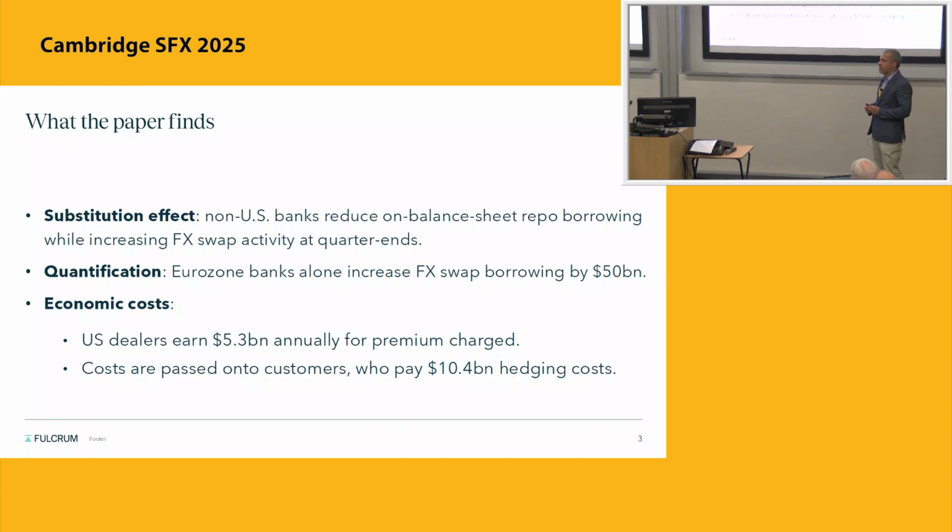So it's a large effect, in absolute terms at least. And the economic costs are about $5.3 billion, so the US dealers earn around $5 billion per year from this premium that they charge to clients. And they also argue that the costs are passed on to end customers who pay around $10 billion per year for hedging costs, that is to access synthetic dollar funding.